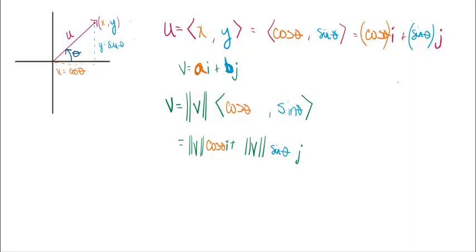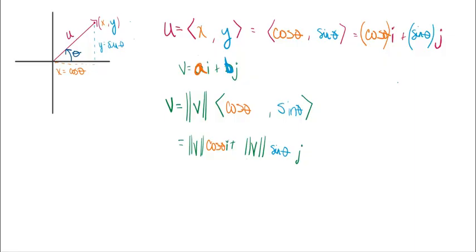Now, the angle theta is the direction angle of the vector u. And remember, u is a unit vector. That means it's got a magnitude of 1. But vector v can be any vector. That means it's going to have a magnitude that is different than 1. I mean, it could have a magnitude of 1, but it's not necessarily a unit vector. It's just any vector.